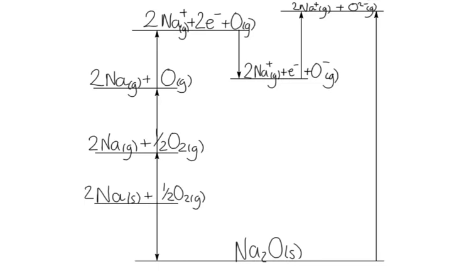So we're looking carefully at our table. And we're saying the first thing we know is that this from the elements, and this is the correct equation, is -414. And then we know that we have got here sodium solid becoming sodium gas, which is plus 109, but the value in the table is for the equation we wrote, which was for 1 sodium, and we've got 2, so we're going to double that number.